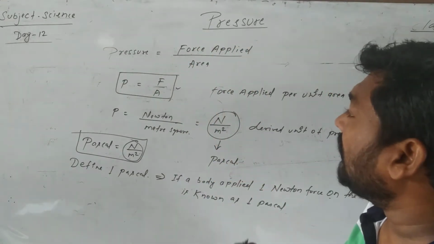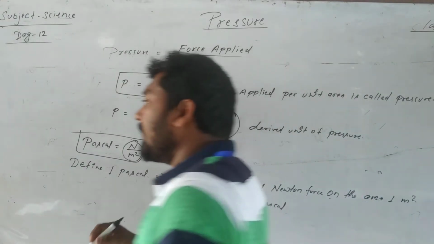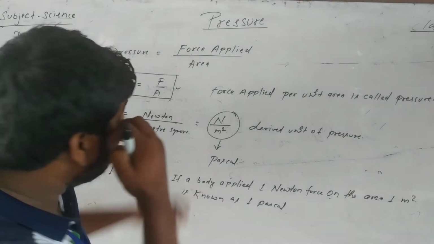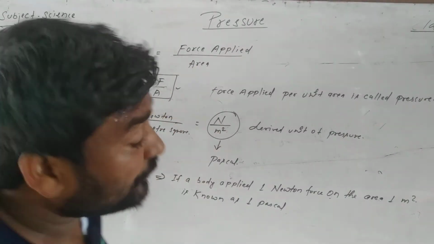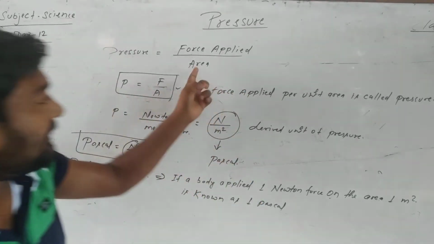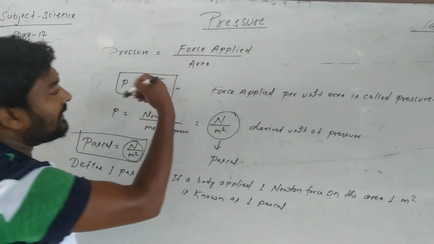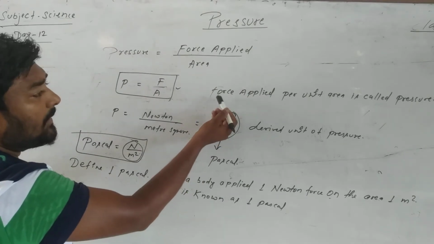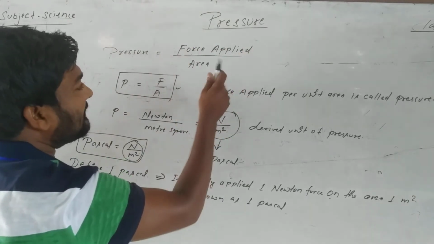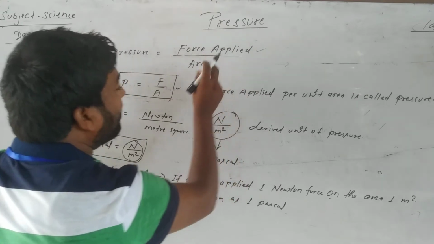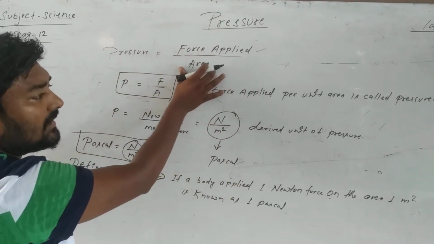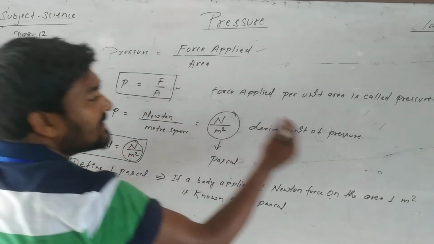pressure. How can we define pressure? First, you have to remember the formula. Pressure is equal to force applied upon area. So, if anybody asks to define pressure, you can say force applied by a body per unit area is called pressure.